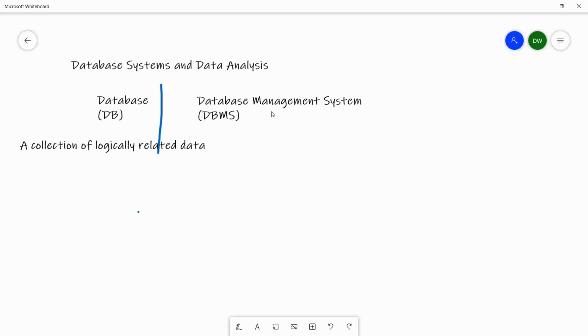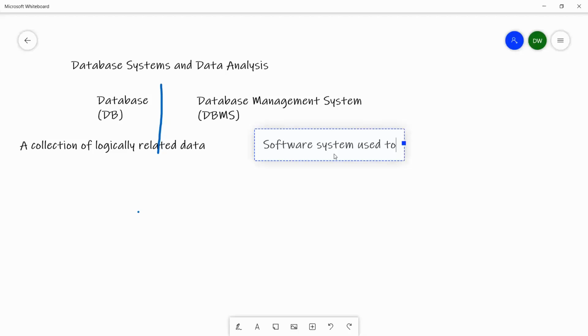On the other hand, what we have on this side, in the database management system, is a software, right? Using this software, we can define, create, maintain, and also provide controlled access to this database.